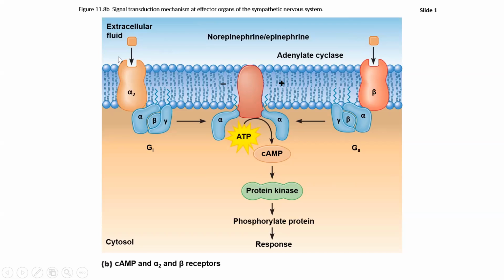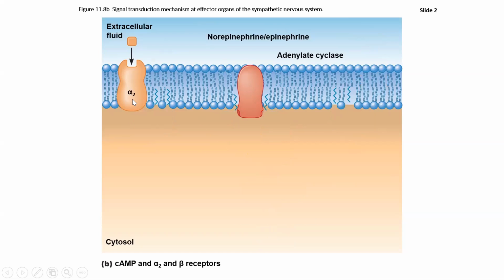So we'll start by looking at alpha-2 and what alpha-2 does. So alpha-2 is going to be coupled to an inhibitory G protein. So the subscript I means that when a neurotransmitter binds to alpha-2, this is going to inhibit the following events, okay? The alpha subunit dissociating off, that subunit is going to block, hence this negative sign. It's going to block or turn off adenylyl cyclase. So we have another amplifier enzyme here.